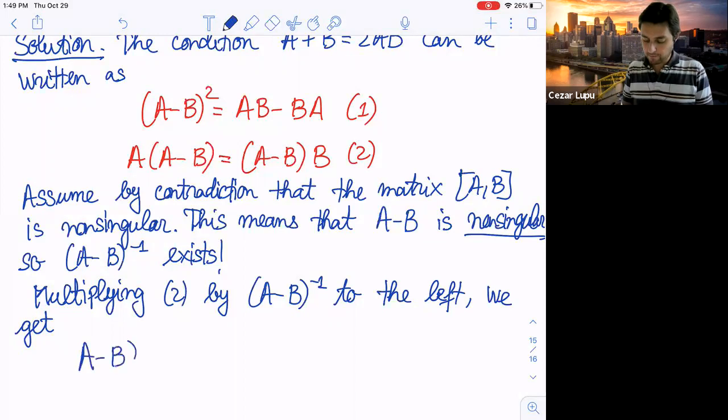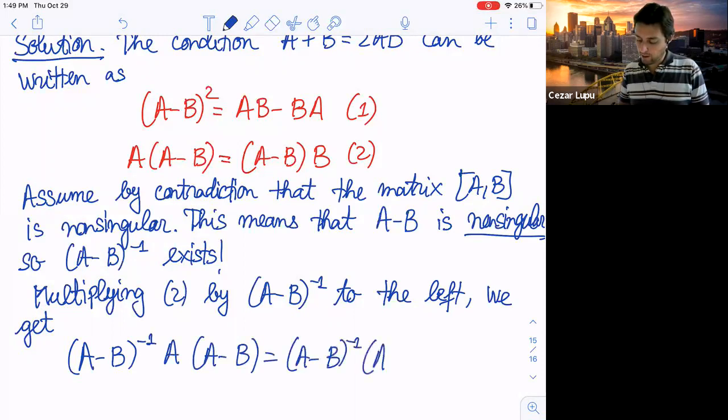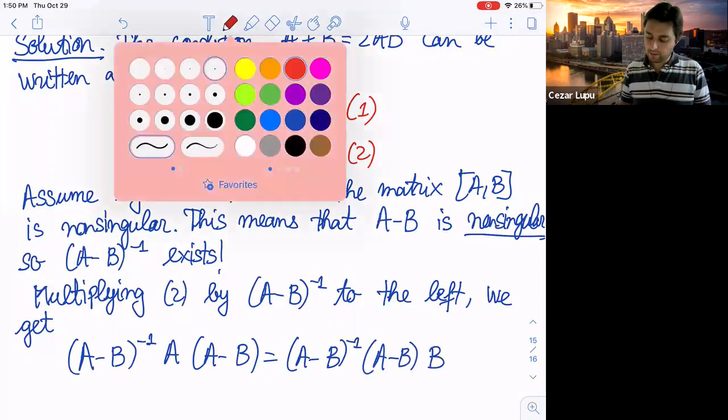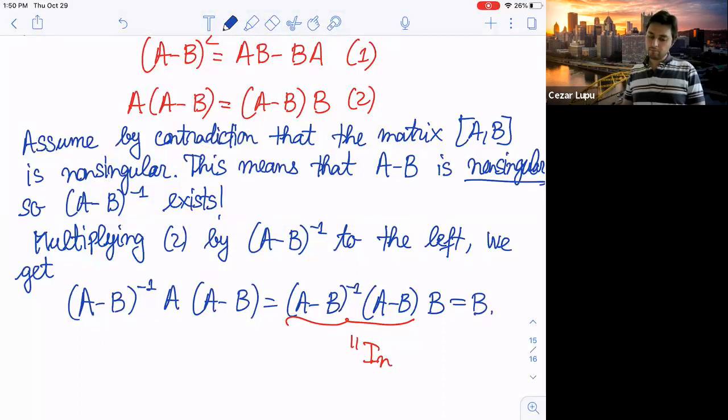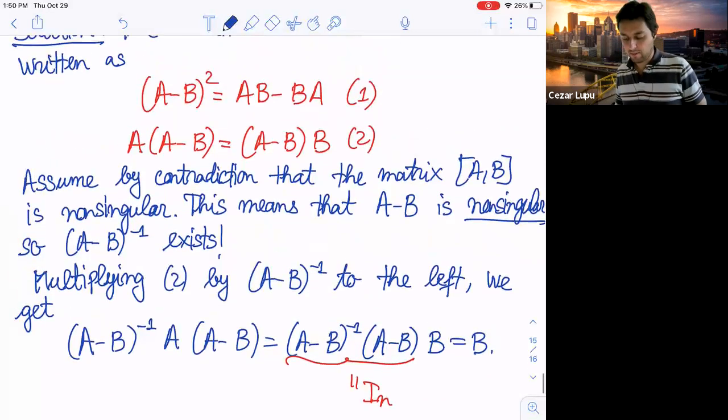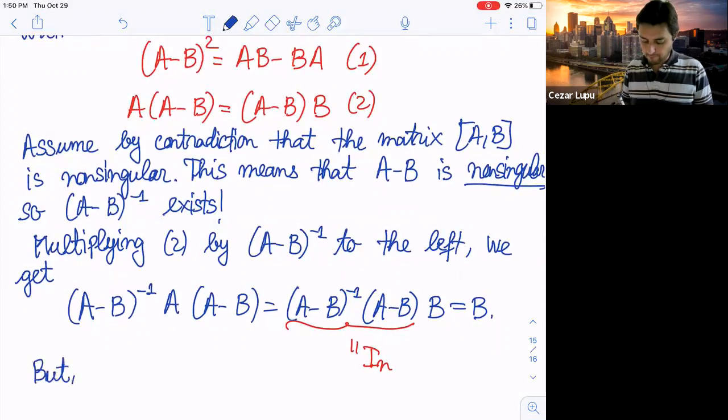So we get A minus B inverse times A minus B is equal to A minus B inverse times A minus B times B. But this guy here is the identity, so this is nothing else than just B. Okay?